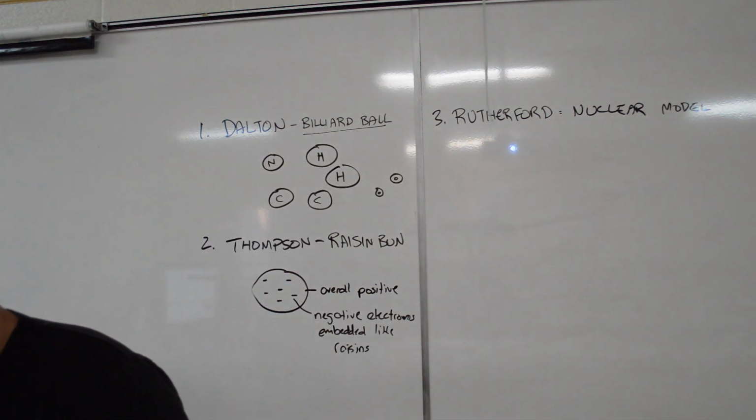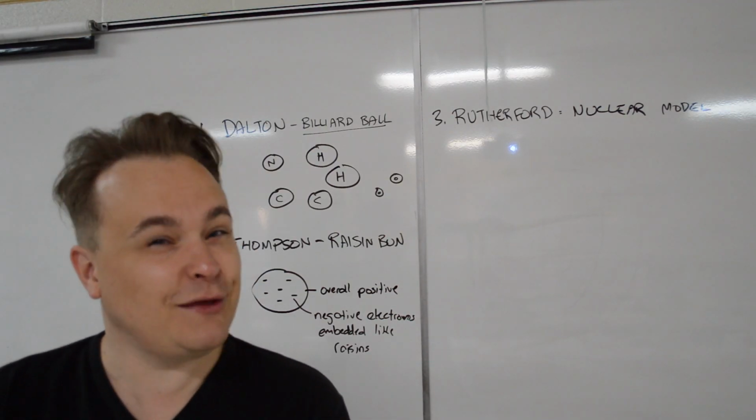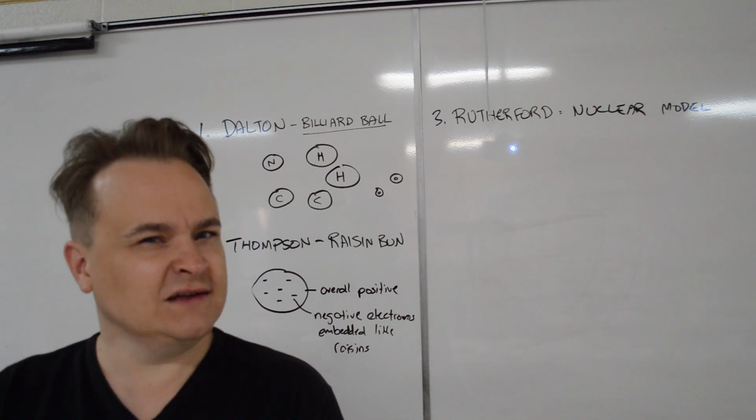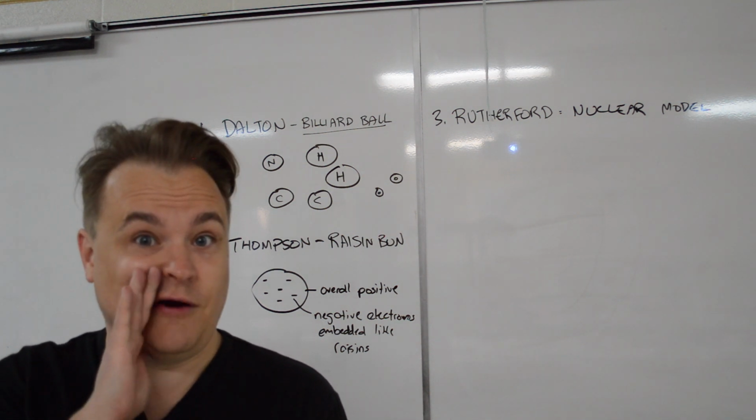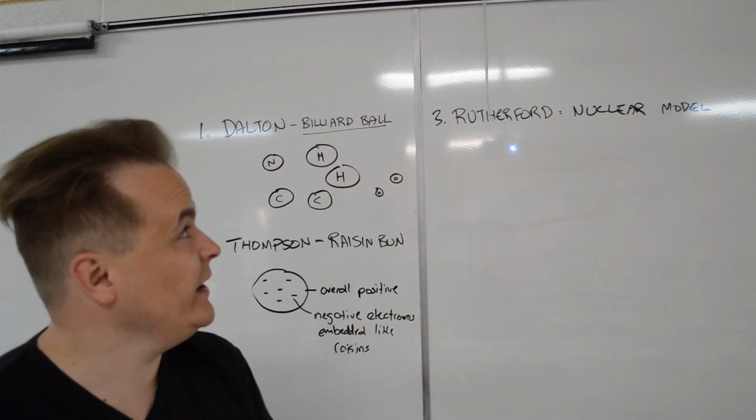So the nuclear model, what do you think he discovered if we're talking about a nuclear model? What part of the atom do you think he discovered? The protons or the electrons? No, he discovered the neutrons. So you can kind of put together where this is going.